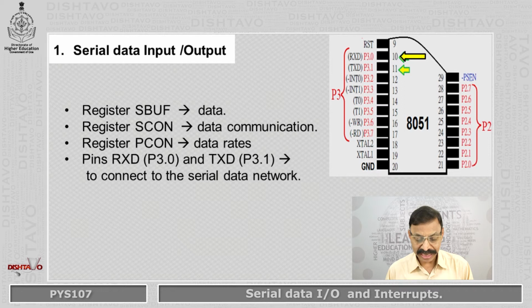The 8051 has a serial data communication circuit that uses the serial port buffer register, represented as SBUF, to hold the data; the serial port control register SCON to control data communication; the power control register PCON to control data rates; and two pins: receive data RxD, that is port 3.0, and transmit data TxD, that is port 3.1, which connect to the serial data network.